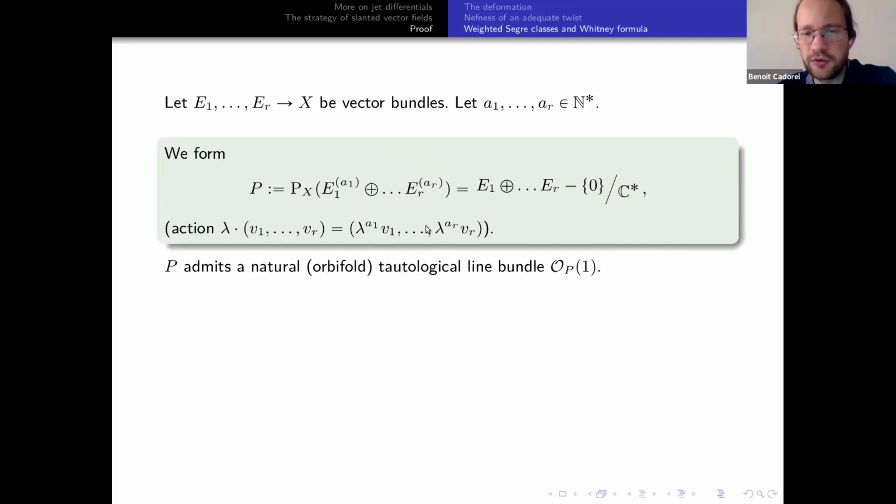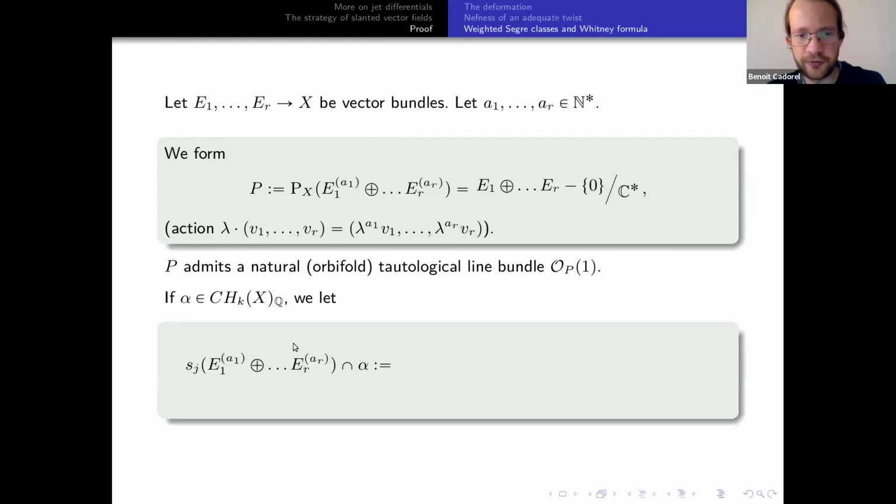So you have a natural, again, orbifold tautological line bundle on that space. And as usual, you can form a Segre class: you can apply to any element alpha of the Chow ring with rational coefficients the Segre endomorphism that you may define as follows.